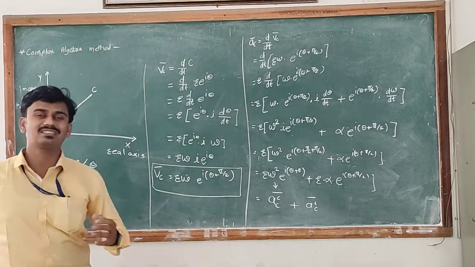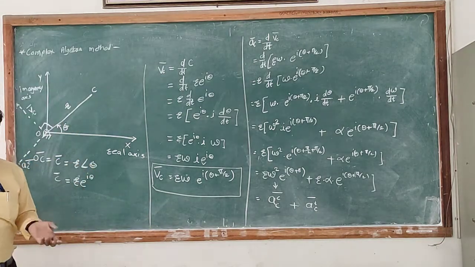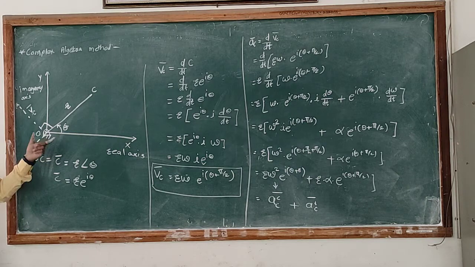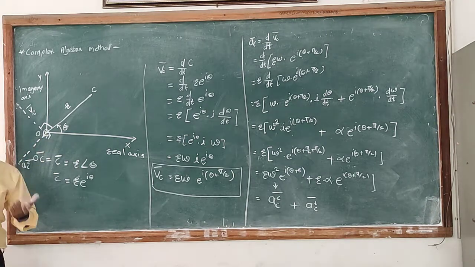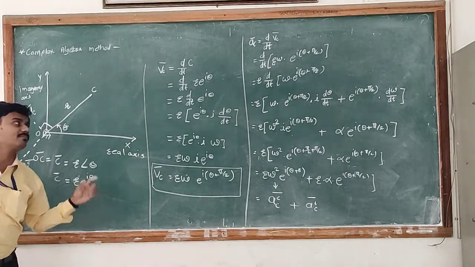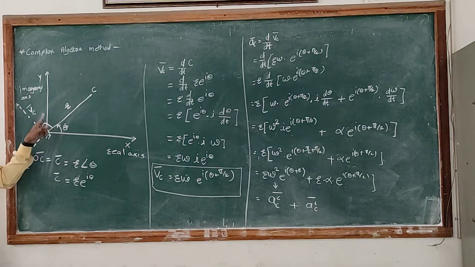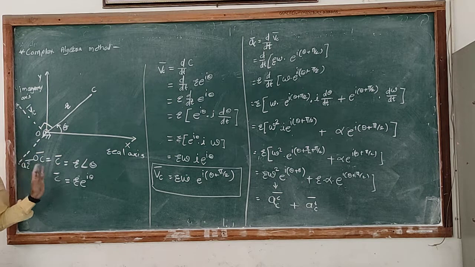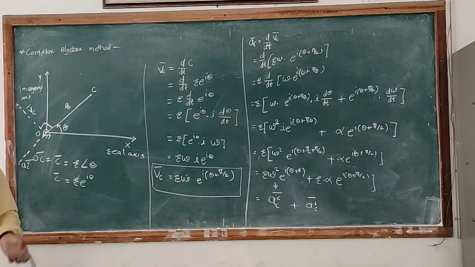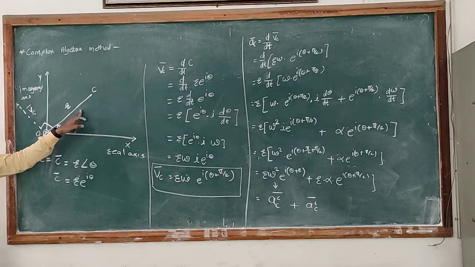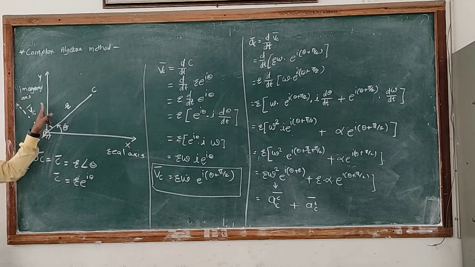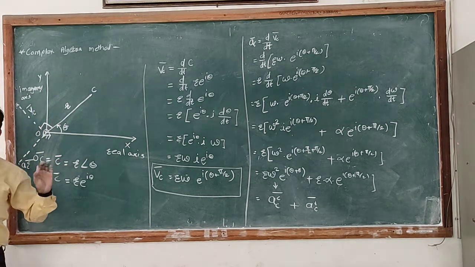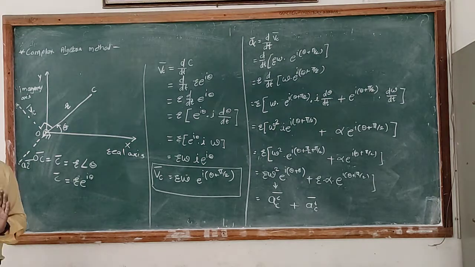Okay. If MCQs are asked on this, what is the angle between position vector and velocity vector? The angle between position vector and velocity vector is 90 degrees. The angle between position vector and centripetal acceleration is 180 degrees. The angle between position vector and tangential acceleration vector is 90 degrees.